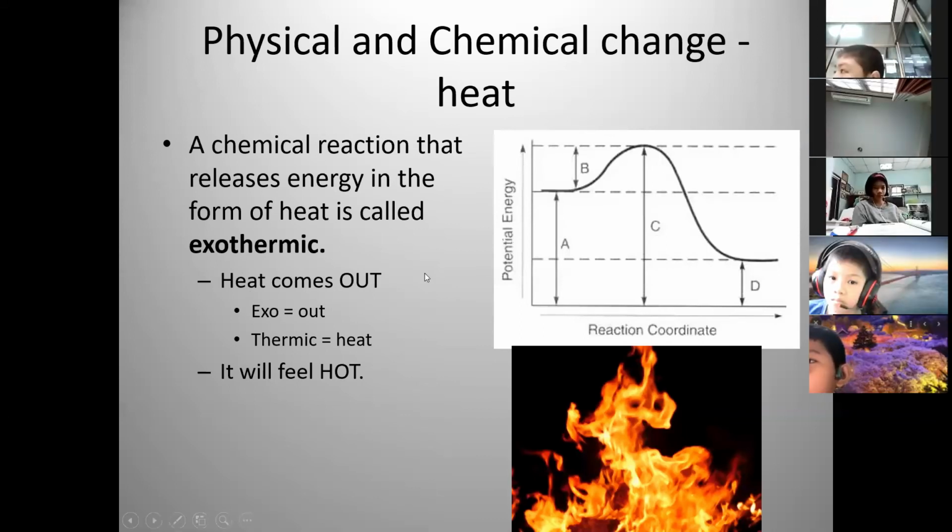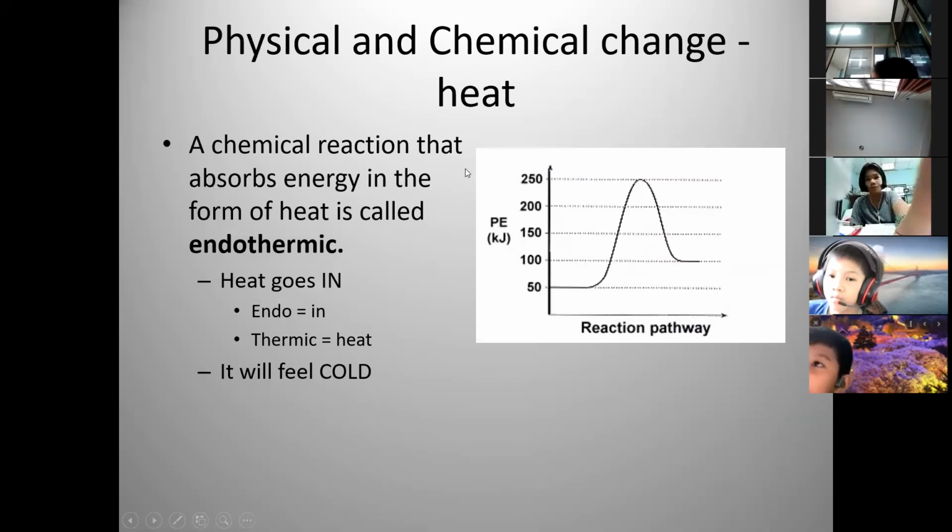So heat comes out, we call it exothermic. Exo means out, and thermic means heat. It will feel hot. Example here is flame or fire.